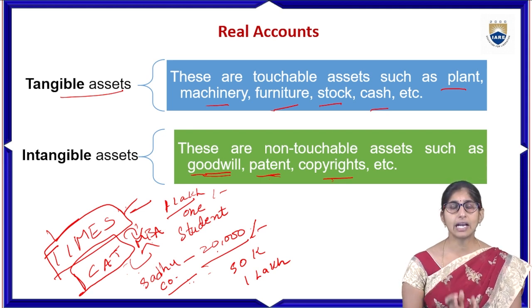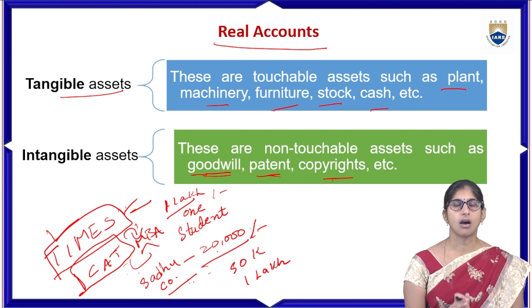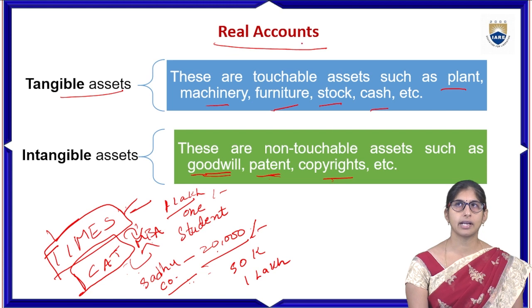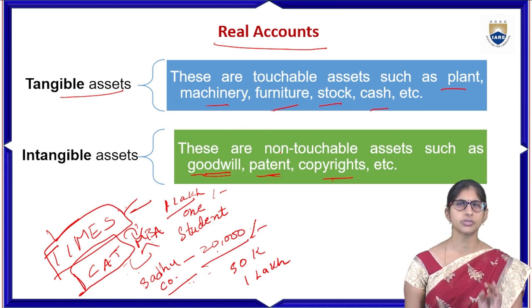So any kind of asset, either intangible or tangible, is going to come under real account items. Like plant, machinery, furniture, stock, cash, and also goodwill, patent, copyright, trademarks. So real account items means all the assets.